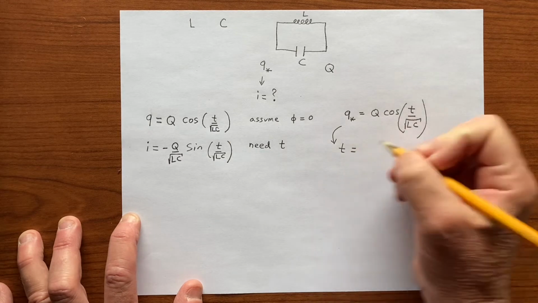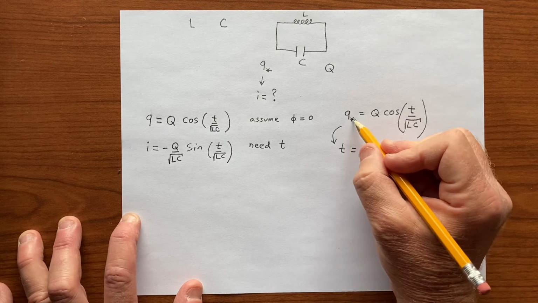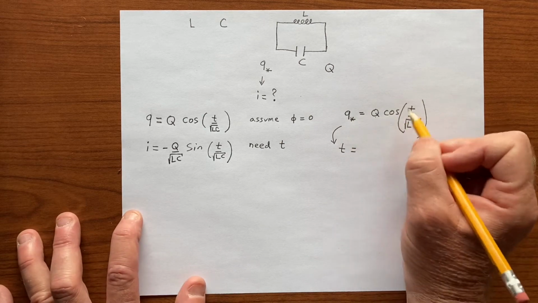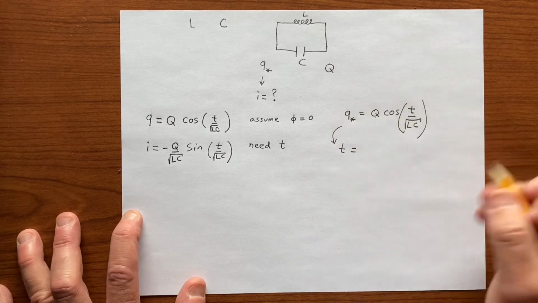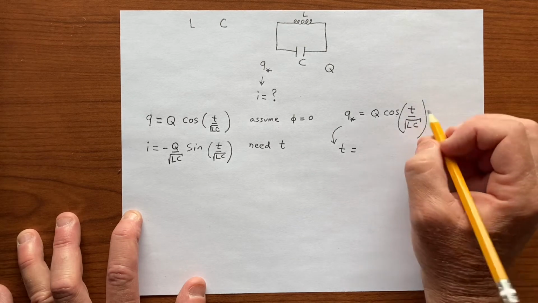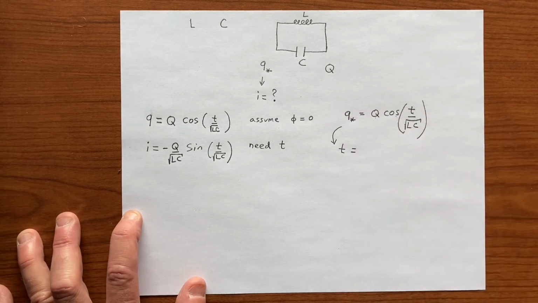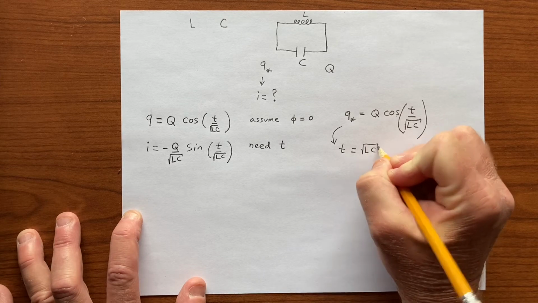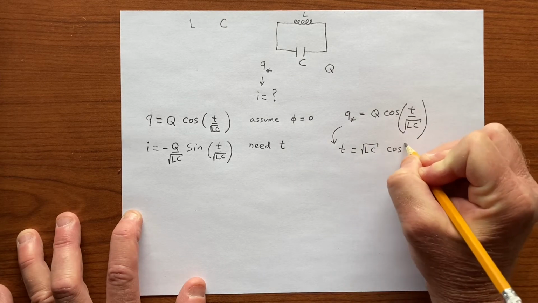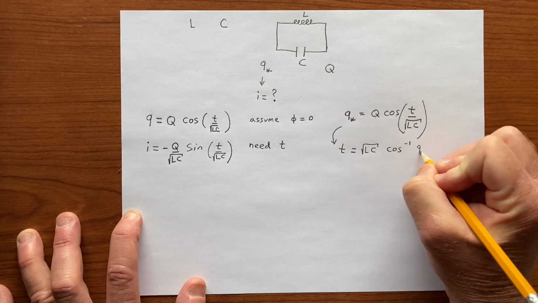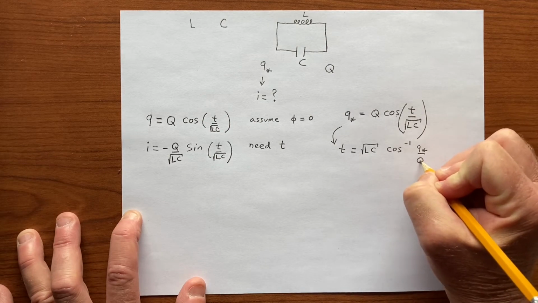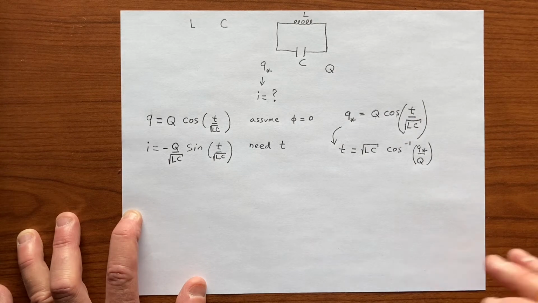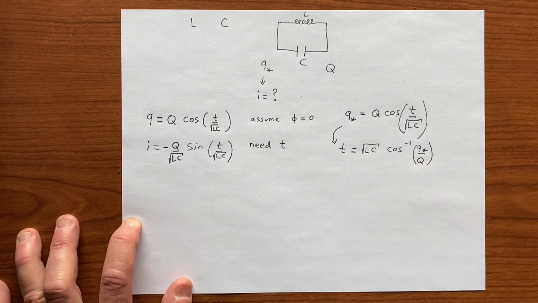We do Q star over big Q, and then we have to do the inverse cosine of that to isolate this term, then multiply by the square root of LC. So t becomes the square root of LC times the inverse cosine of Q star over Q. So we can now plug this in.